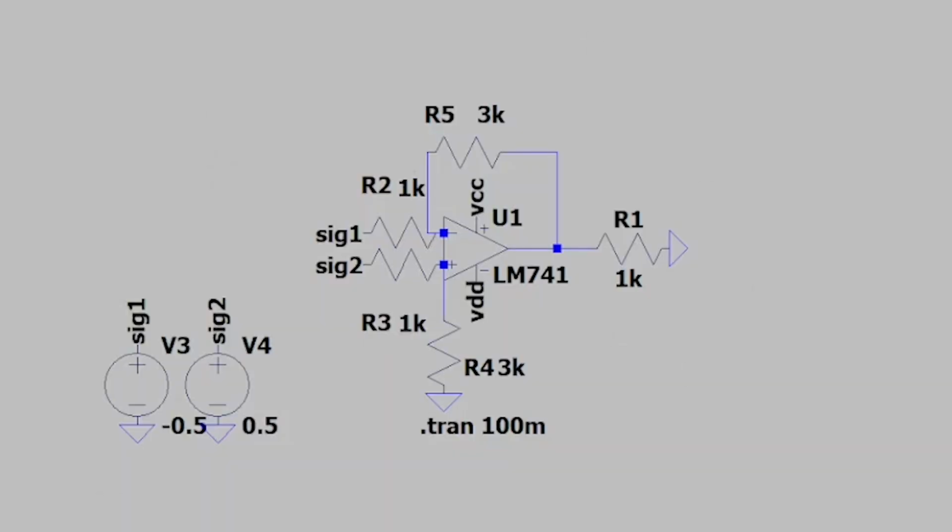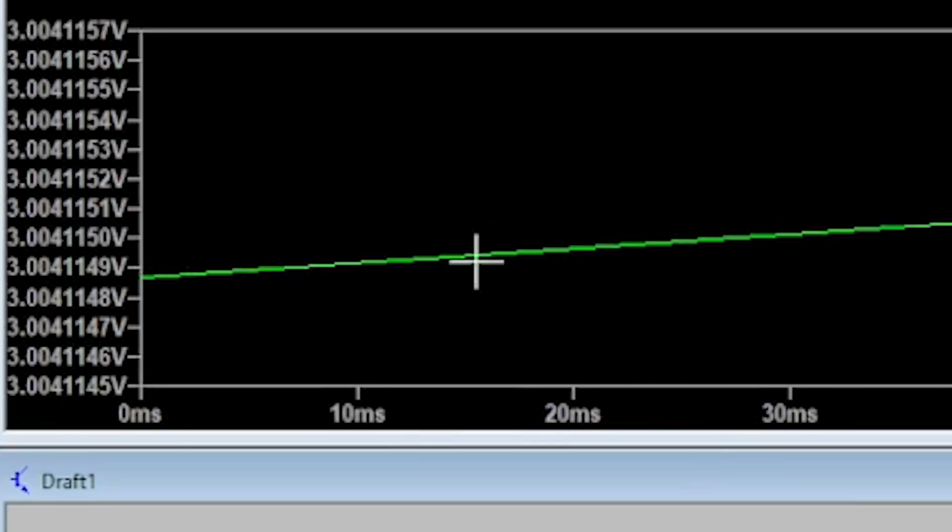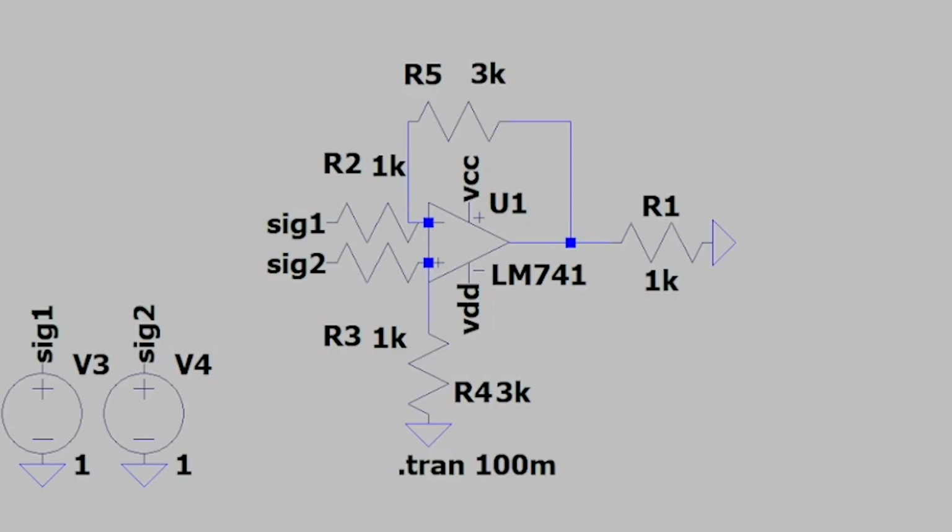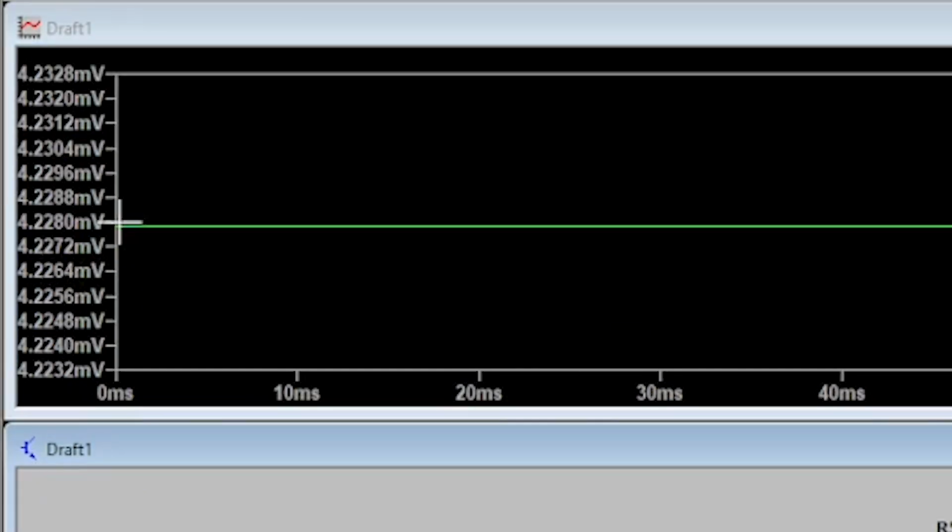Due to errors during fabrication, amplifiers can actually amplify this one too. This is called common mode voltage gain. This is how much they amplify these kinds of voltages. Although the changes of this common mode voltage are small, again, small signals exist. Here's the simulation that shows how the circuit amplifies these two signals that have no common mode voltage, and this shows how much the same circuit can amplify these two signals that are completely common mode signals.